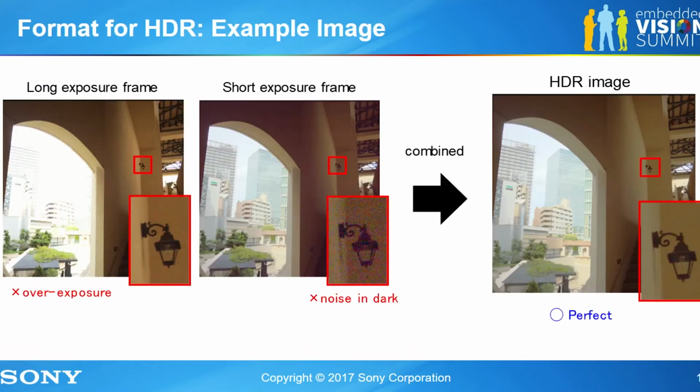Next is HDR, a high dynamic range example. We have a long and a short exposure frame to make a higher dynamic range image. You may know that with longer exposure we have overexposure problems, but with short exposure we have noise in dark pictures. So we can combine them and get a perfect image.